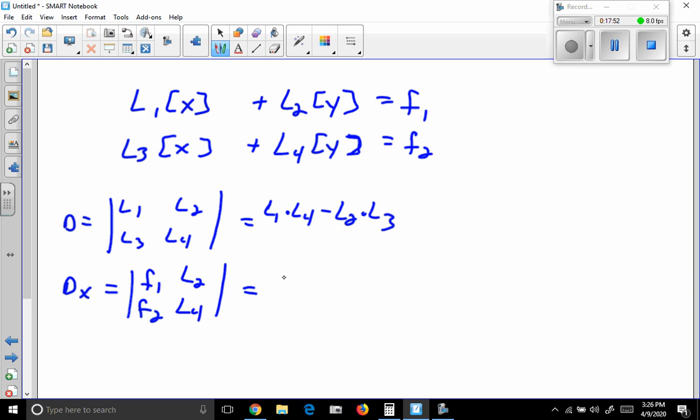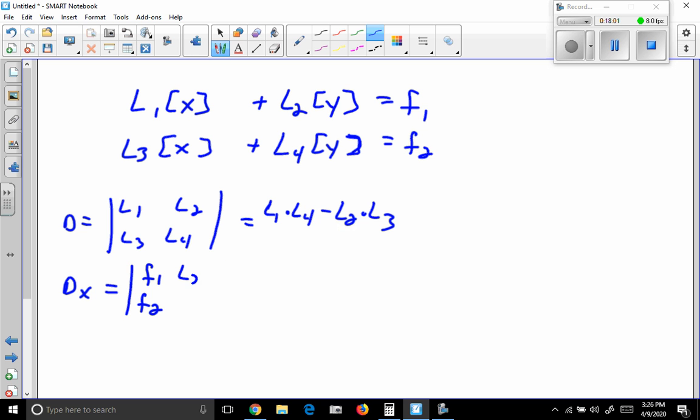That determinant would be the operation L4 on F1 minus the operation L2 on F2.